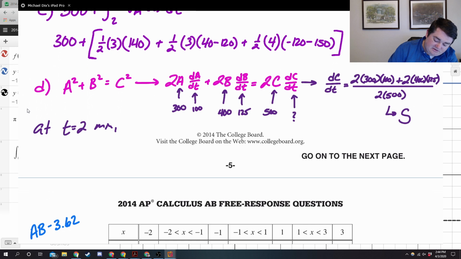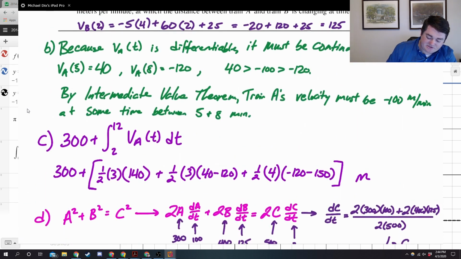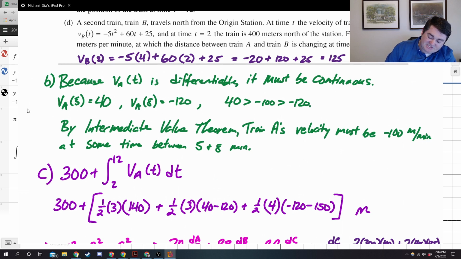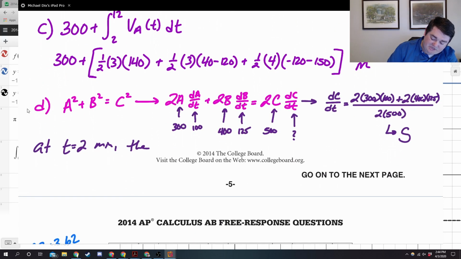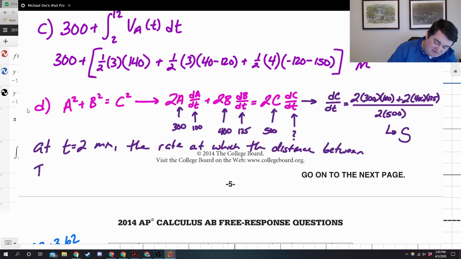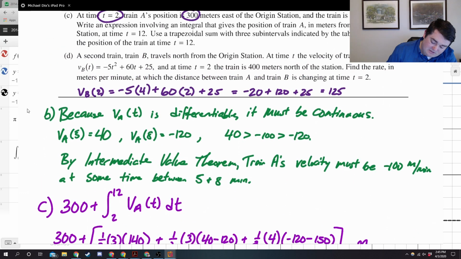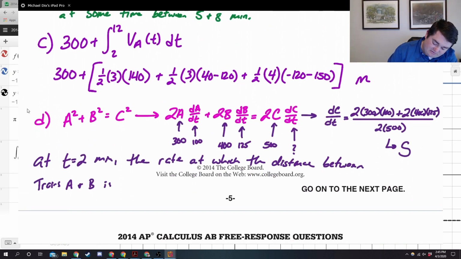At time 2 minutes, again, let's use the language from the problem. The rate at which the distance between trains A and B is changing is S meters per minute.